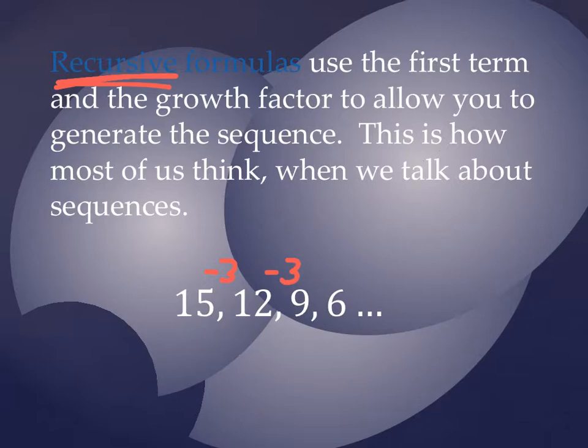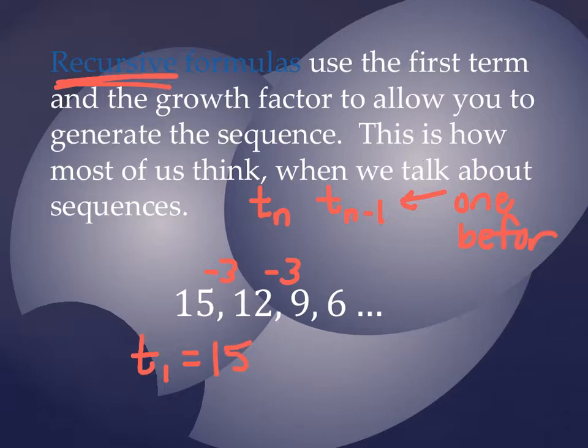And so the notation that allows us to do that takes into account when we have t of n, that means the term we're talking about, and t of n minus 1 means the one before it. So a recursive formula just takes what we know. We know that the first term is 15.